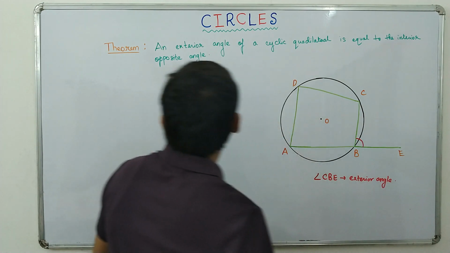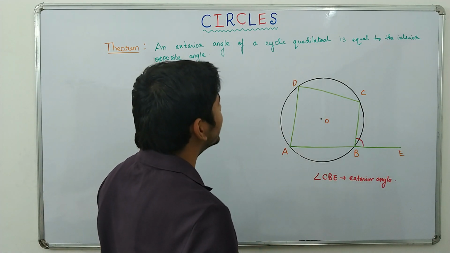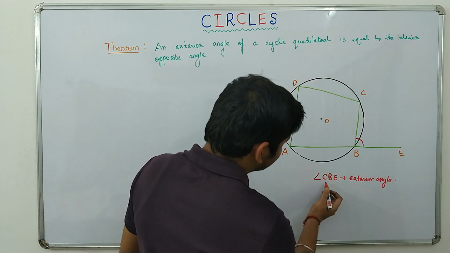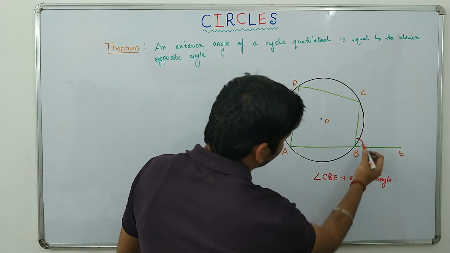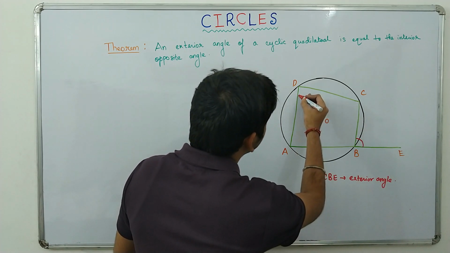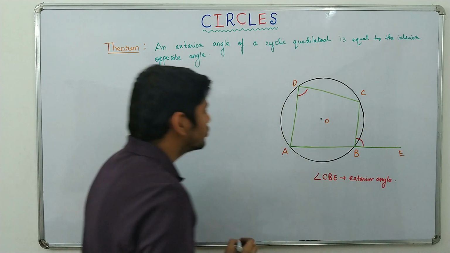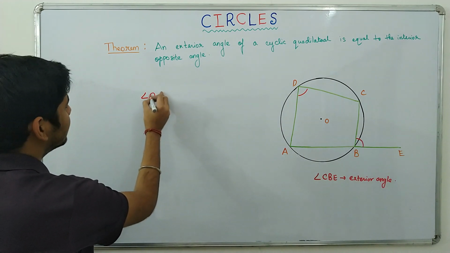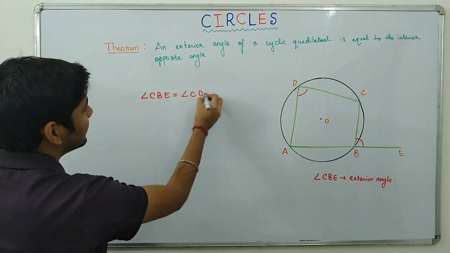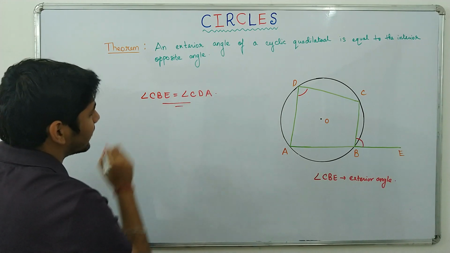And the theorem says an exterior angle of a cyclic quadrilateral is equal to the interior opposite angle. That means angle CBE, that is this angle, will be equal to the opposite interior angle, that means this angle. So we get angle CBE is equal to angle CDA, as simple as that.